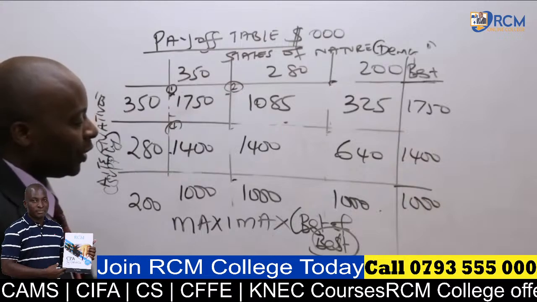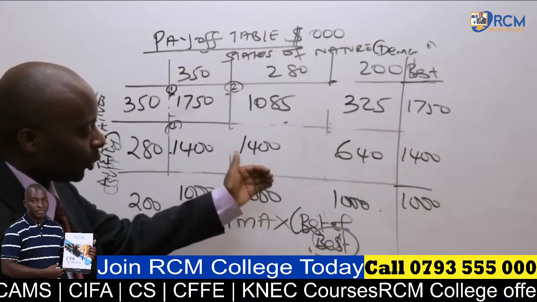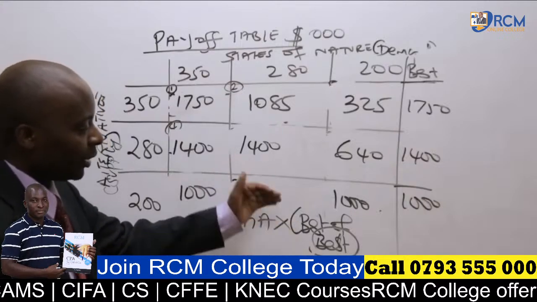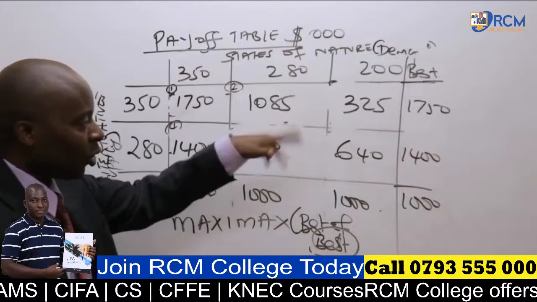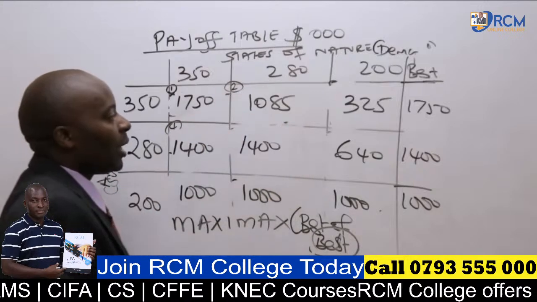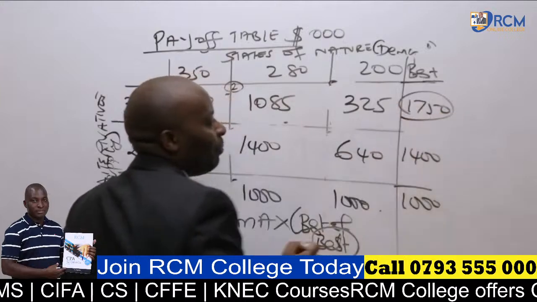Here, 1,000. Having gotten the best scenarios, now we need to give them the best amongst all of them. The best amongst all of them is this 1750, best of the best.